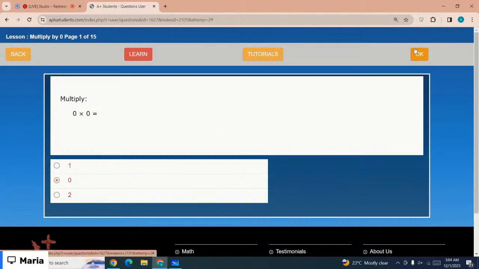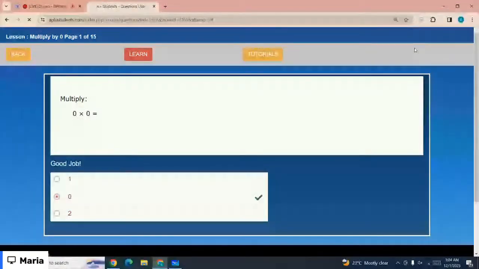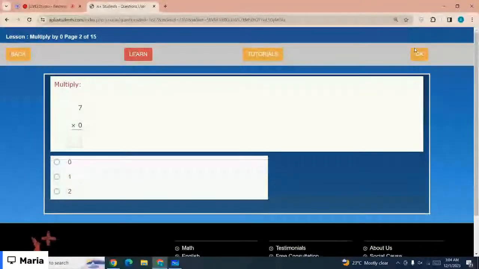Okay, the next one is 7 times 0, which is the correct option. Yes, 7 times 0 equal 0, right? Any number when you multiply with 0, the answer is always a 0.